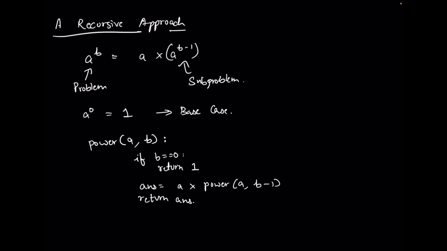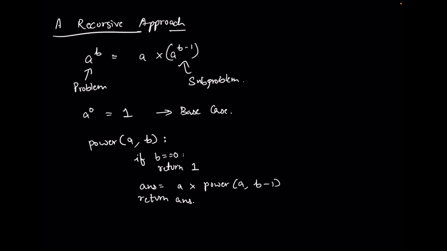This is exactly what the recurrence relation that's written in the first line of this slide says. It's just written in code. So answer is equal to a times power of a comma b minus 1, right? And then we can just return this answer. So that's basically our recursive function.